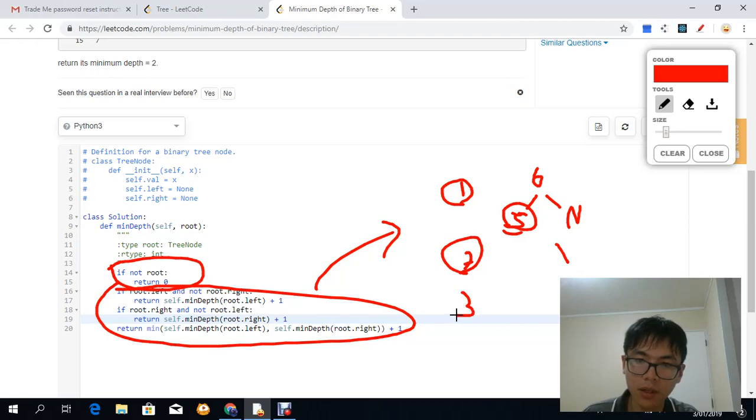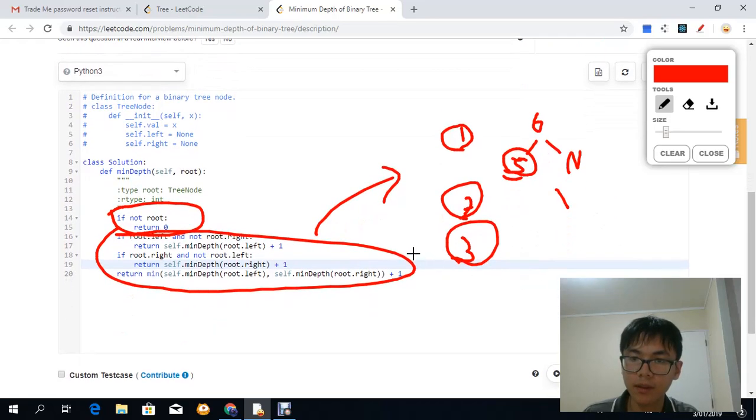And the third one is they both exist, so we will find the minimum one because we are trying to find the minimum depth. The one that is smaller plus 1 and the one that is bigger plus 1. For example, let me make an example.